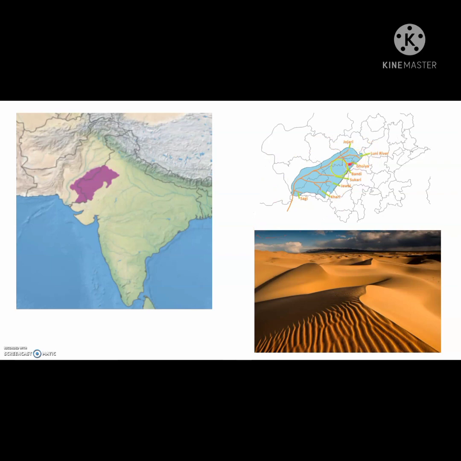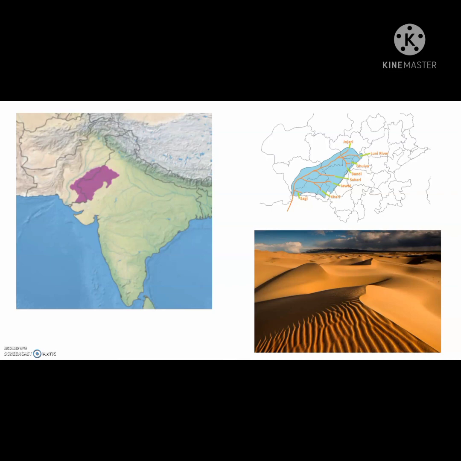The Luni River is called an ephemeral river. With sudden monsoon, sudden rainfall, sudden flow, small streams can reappear. Most of the population in the desert area depends on animal rearing, not agriculture.